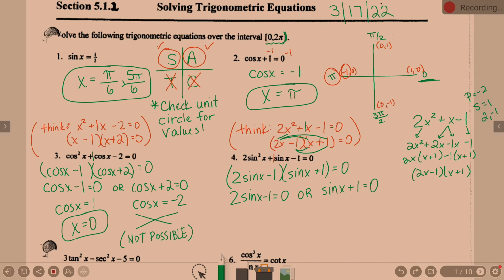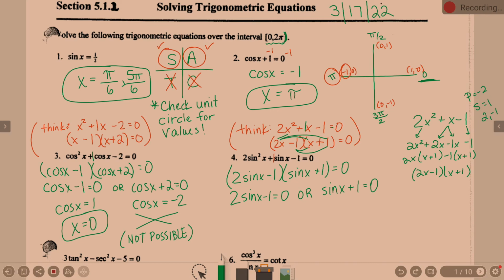Okay. So instead of x's, I'd put sine x's back in, right? So I have 2 sine x minus 1 equals 0, sine x plus 1 equals 0, because I set each part equal to 0. 2 sine x minus 1 equals 0. How do I get sine x by itself? First, we're going to have to add the 1 over.